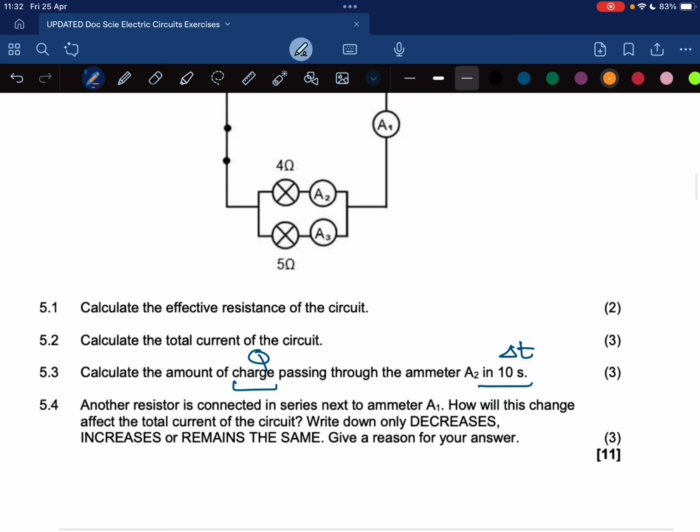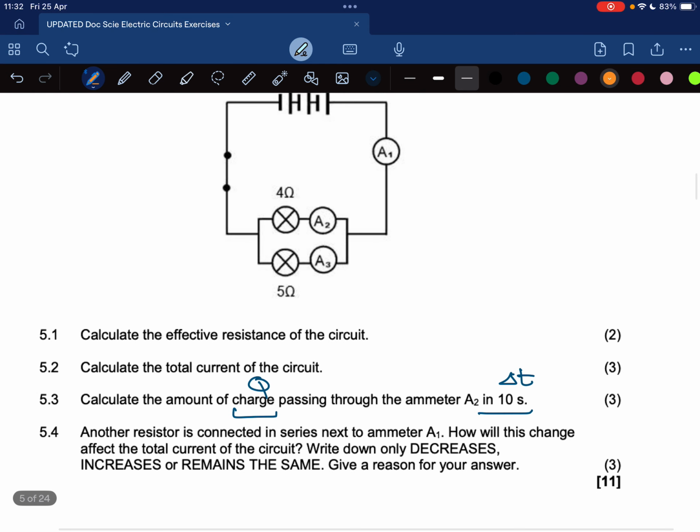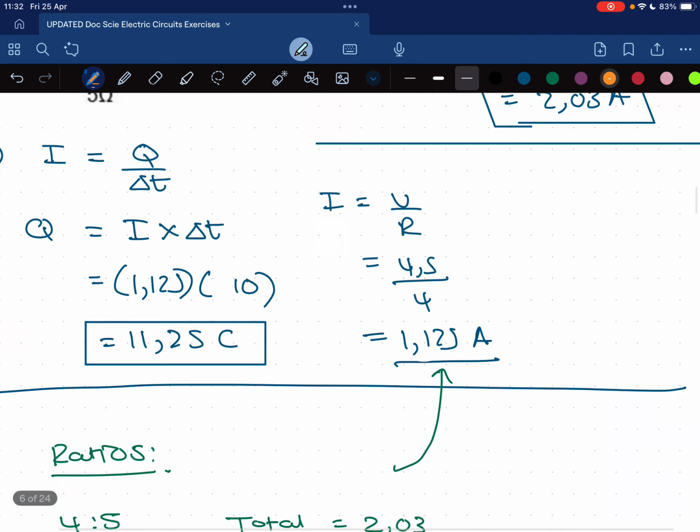So another resistor is connected in series to A1. How will this change affect the total current of the circuit? Write down only decreases, increases, or remains the same, and give a reason for your answer.